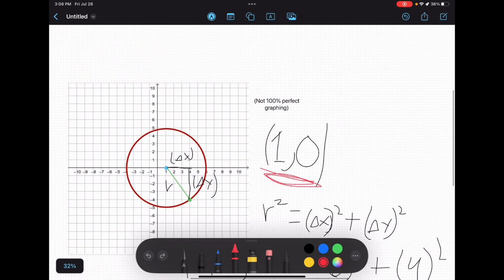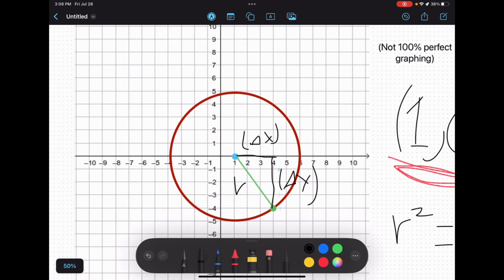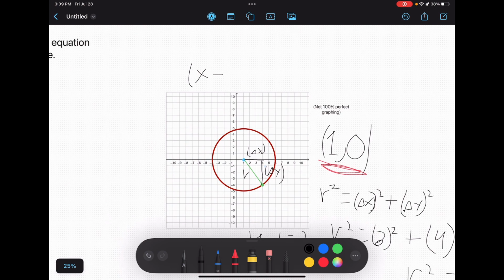To find this, it is going to be x minus the x coordinate of the center. Almost forgot that one.